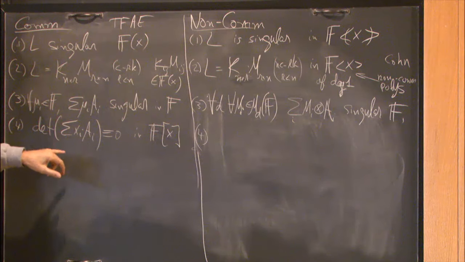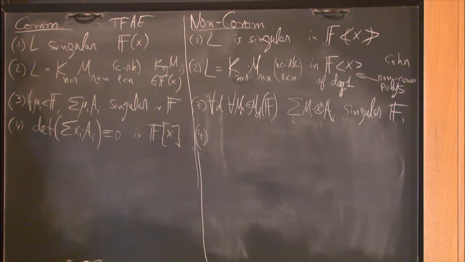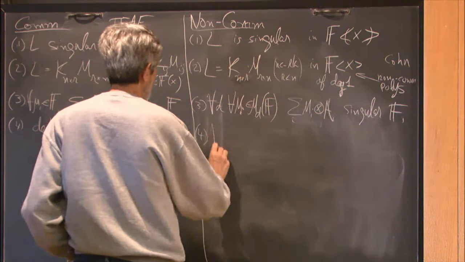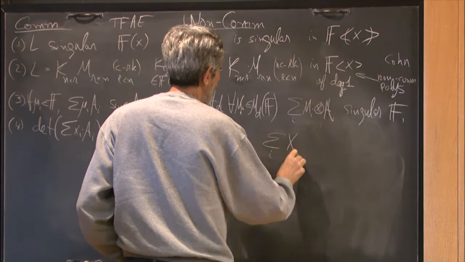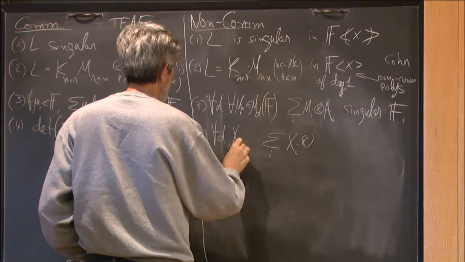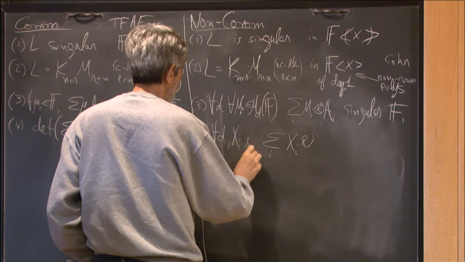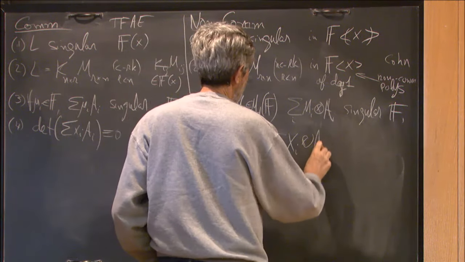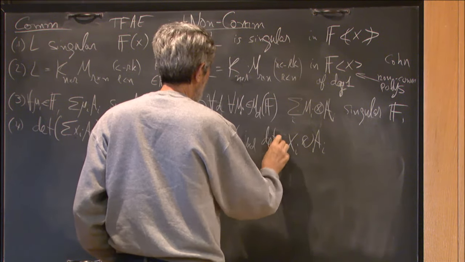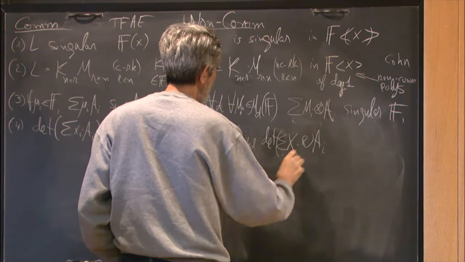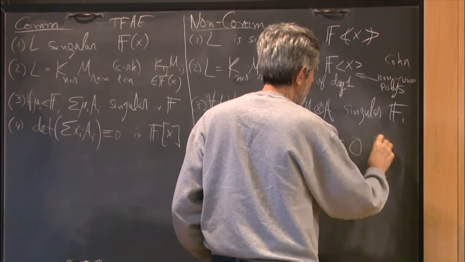And the equivalent thing here is the same. Instead of variables, you take matrices of variables, matrices of commuting variables, say for every D, x_i. So the x_i's are D by D symbolic matrices, and you take the determinant of the sum of x_i tensor A_i, again as a symbolic matrix, and this is commutative.